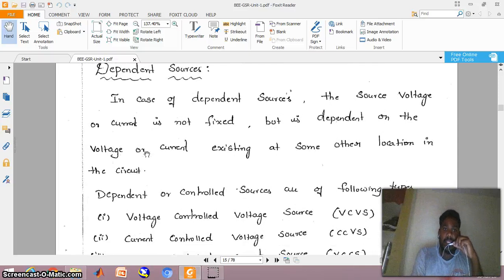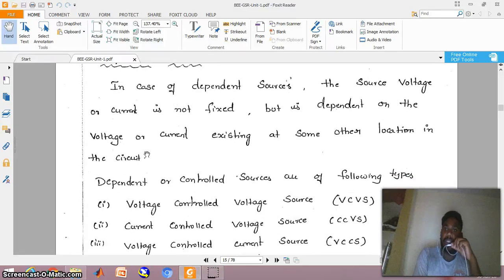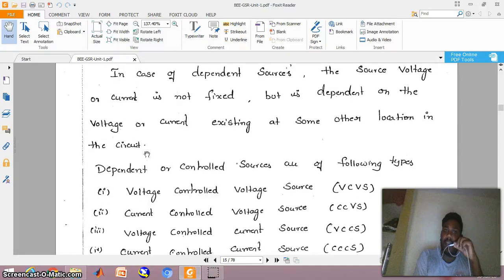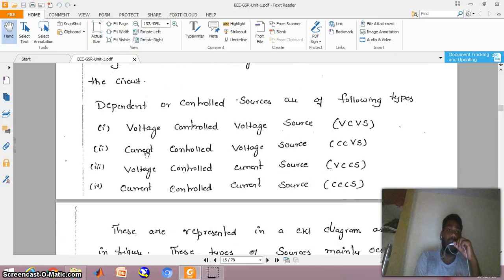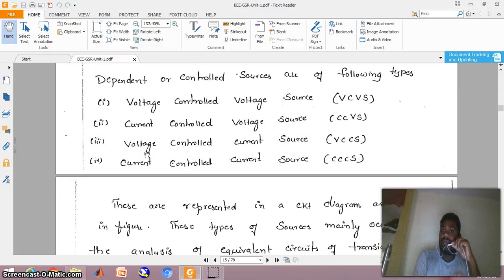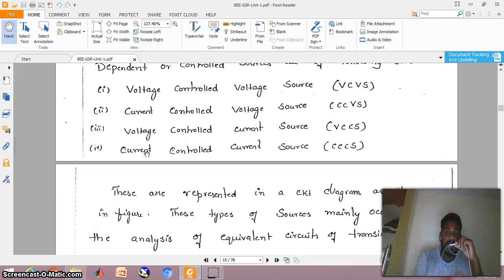Next, dependent sources. In the case of dependent sources, the source voltage or current is not fixed but is dependent on the voltage or current existing at some other location in the circuit. Dependent or controlled sources are of the following types. First one is voltage controlled voltage source.